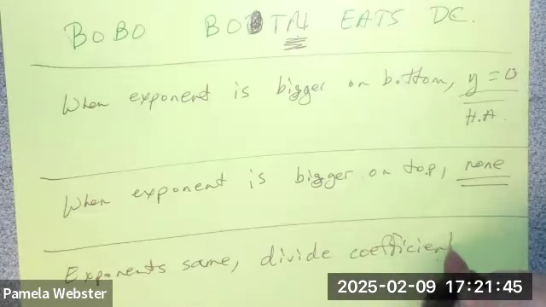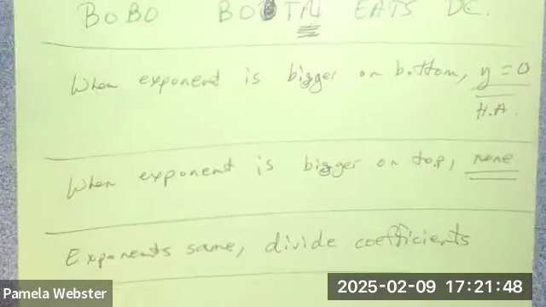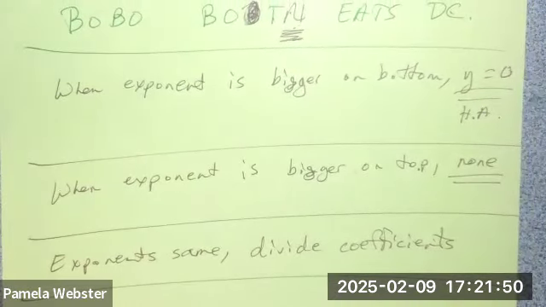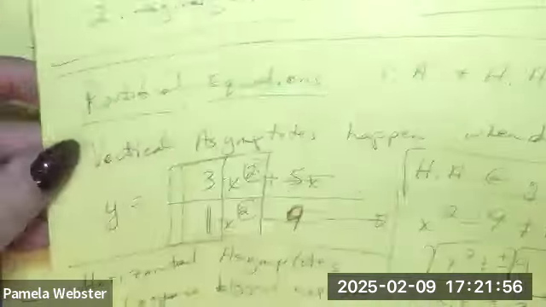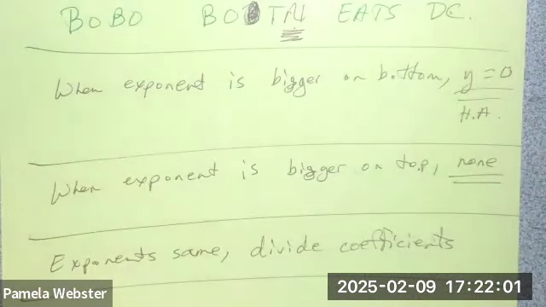Sorry, I don't use the mnemonic, but I know it's out there, so I'm trying to help you remember stuff. So if the exponents are the same, then you divide the coefficients. And it's this third rule here that we used on this guy, right? 3/1.